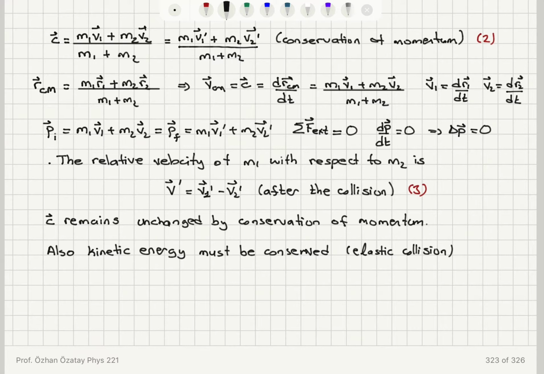So the kinetic energy was initially 1/2 m1 v1 squared plus 1/2 m2 v2 squared. This must be 1/2 m1 v1 prime squared plus 1/2 m2 v2 prime squared.